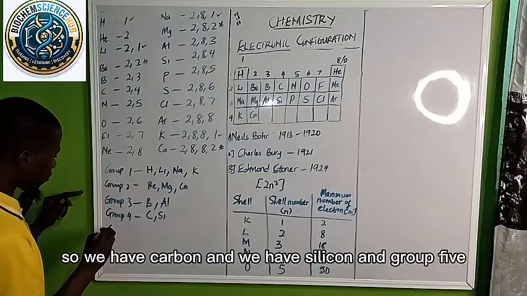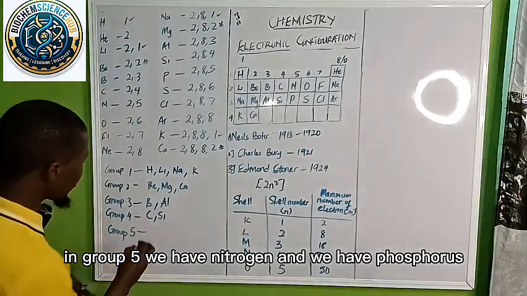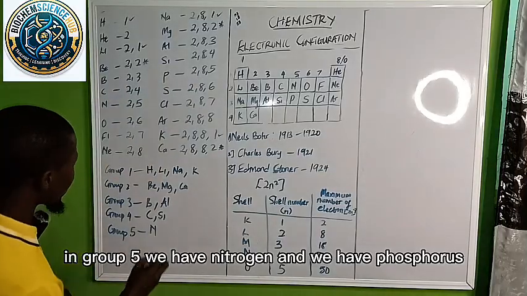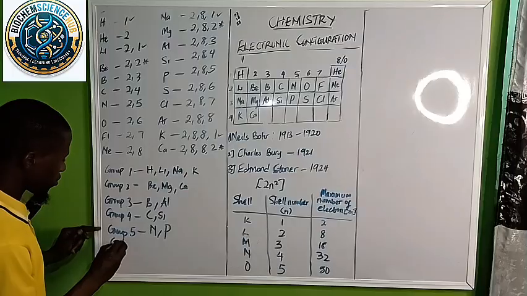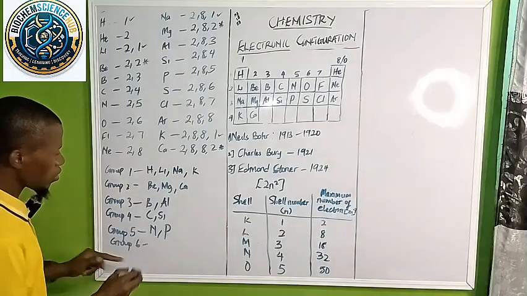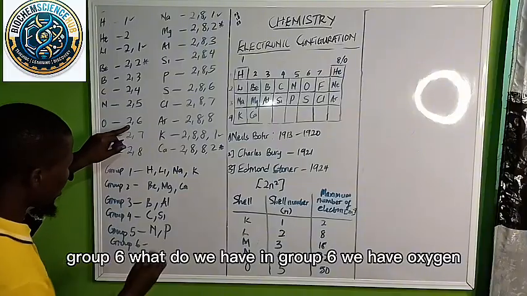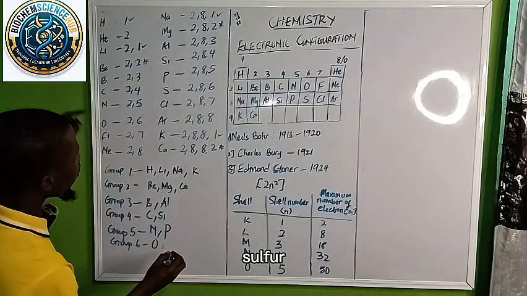And group 5, we have nitrogen and phosphorus. Group 6, what do we have in group 6? We have oxygen and sulfur.